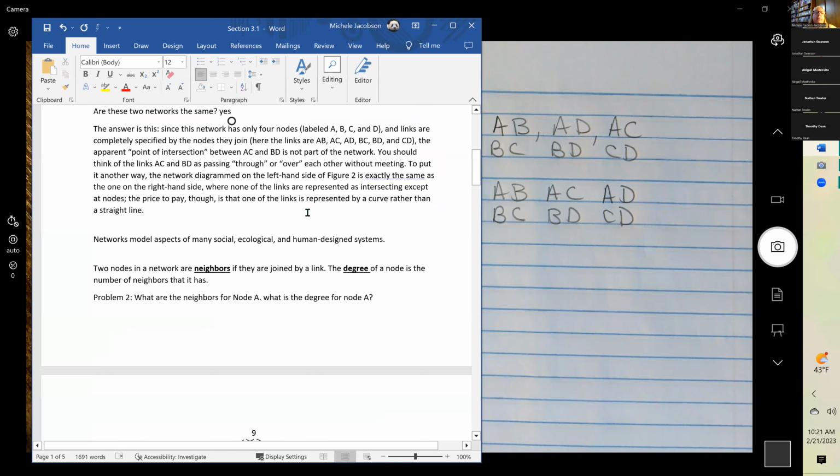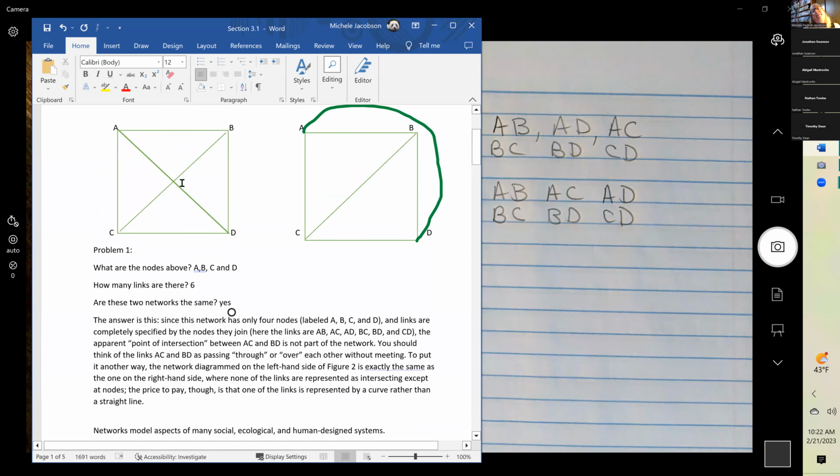Networks model aspects of many social, ecological, and human designed systems. 2 nodes in a network are neighbors if they're adjoined by a link. The degree of a node is the number of neighbors that it has. What are the neighbors for node A, and what is the degree? So if we look here, this one's a little easier to look at than that one.